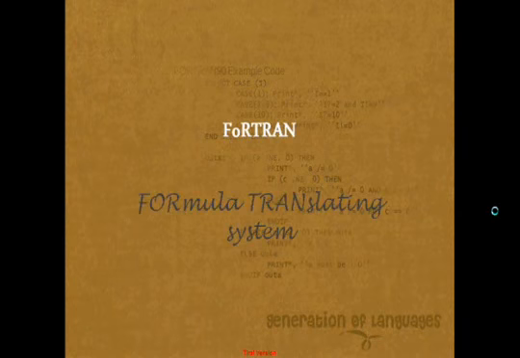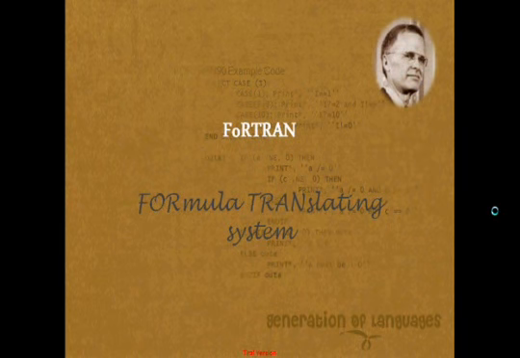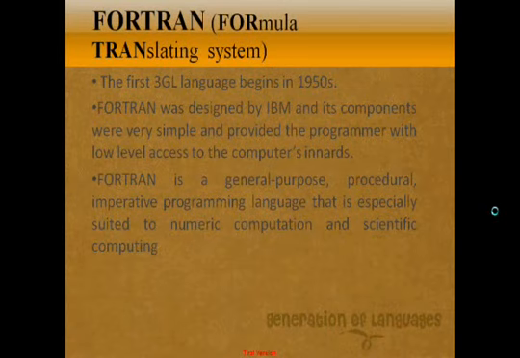Let's see the very first programming language in third generation, Fortran. Fortran, or Formula Translating System, is the very first procedural paradigm language, developed in the 1950s by John Backus and IBM. Fortran is especially suited to numeric computation and scientific computing.